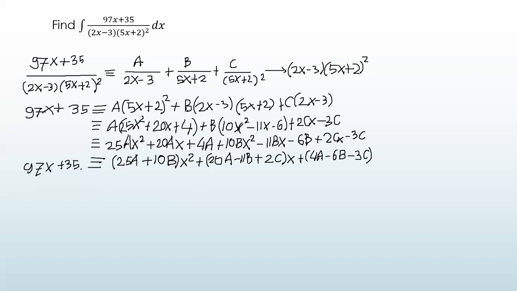Let's calculate a. Look at the denominator, 2x minus 3 and 5x plus 2. For the first one, if 2x minus 3 equals 0, it means x equals 3 over 2.